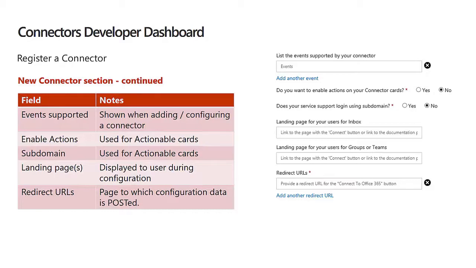As we've discussed, when I do the connection, the hosting application will generate information. It'll have the URL as well as the ID of the team or the group or the mailbox. That information is then sent to a specific page, and your redirect URL is that page that receives that information. You can expect the HTTP post to that page, and then you can store the information in a location that you see fit.